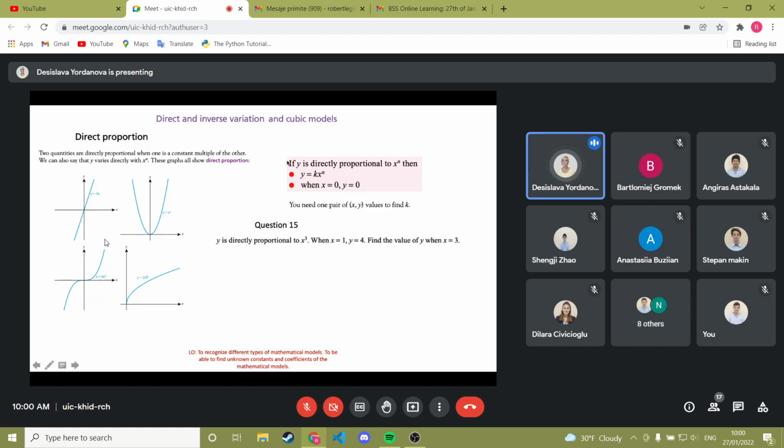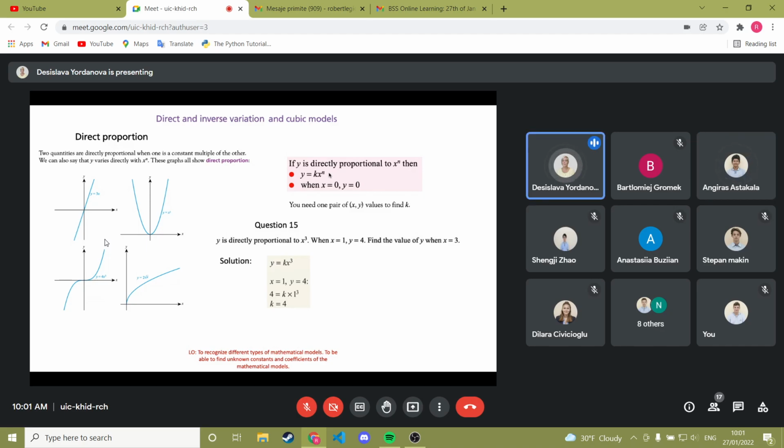If y is directly proportional to x to the power of n, then y equals k times x to the power of n. Y is directly proportional to x cubed. How do we write it as an equation? Y is equal to k times x cubed.